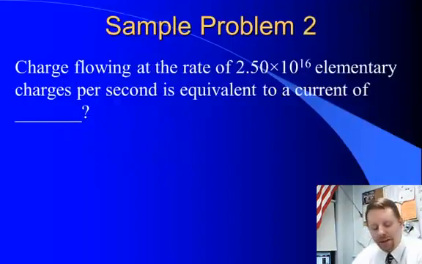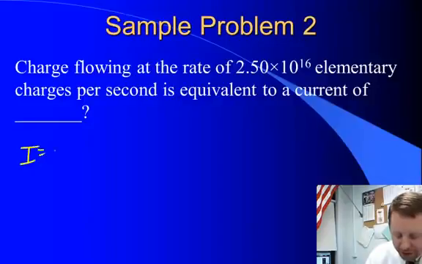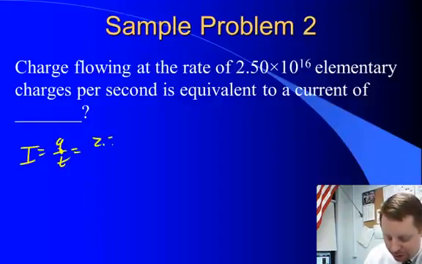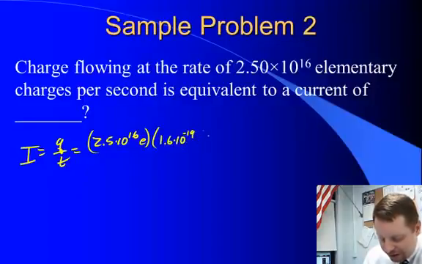Getting a little bit more in depth, charge flowing at the rate of 2.5 times 10 to the 16th elementary charges per second is equivalent to what current? Now, once again, current is charge over time, but now our charge, we have 2.5 times 10 to the 16th elementary charges, and each elementary charge, if you recall, has a charge on it of 1.6 times 10 to the minus 19 coulombs per elementary charge.